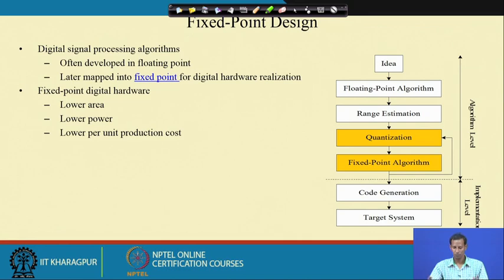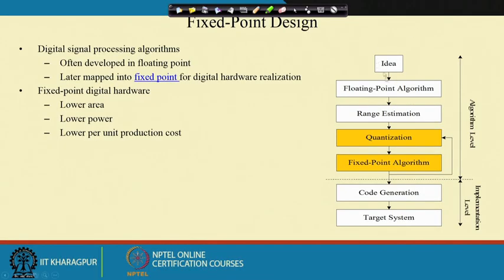Any such system is mostly related to the digital signal processing part. That means there may be several kinds of digital signal processing algorithms. Now I have to realize that idea in real hardware.